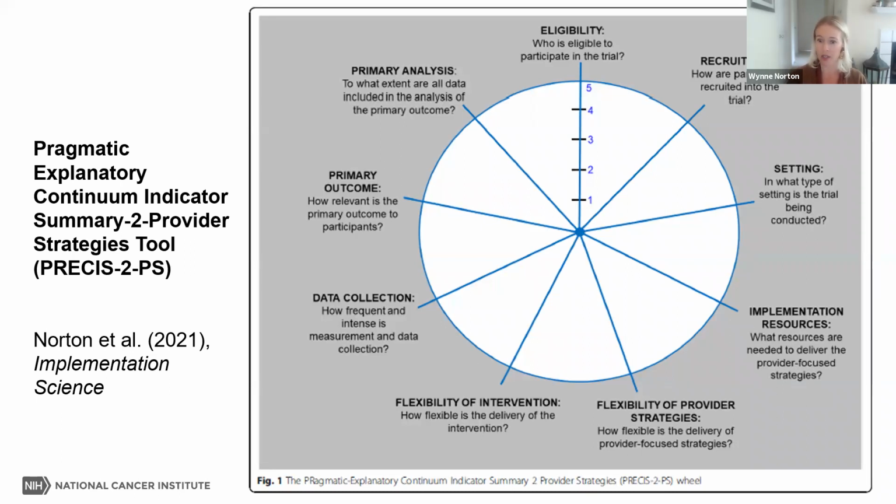I'm not aware that it's been used in schools, but I think that's an excellent opportunity to expand this. And it's, again, not necessarily limited to health, but has been developed in service of trying to make the results of trials more equitable and applicable beyond what has traditionally been very internally consistent validity focused, versus a balance of internal validity and external validity.